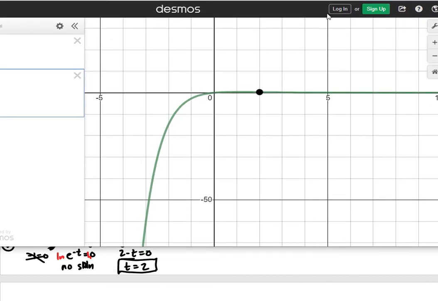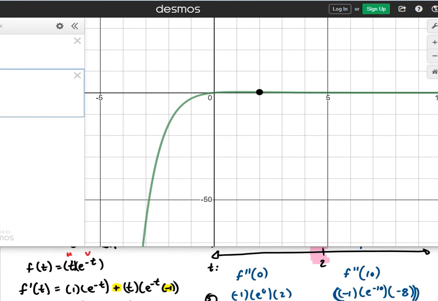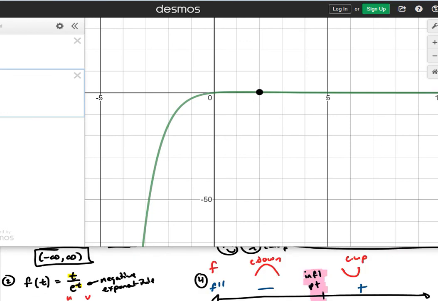Okay, and then to match with our number line, let's go ahead and scroll so I can see both. So there's our number line, and it is definitely concave down, and it is looking like it's concave down until it hits 2. So that does look like a frown. And then afterwards, it's very difficult to see, but apparently it is kind of curving so that it is concave upward after this 2.